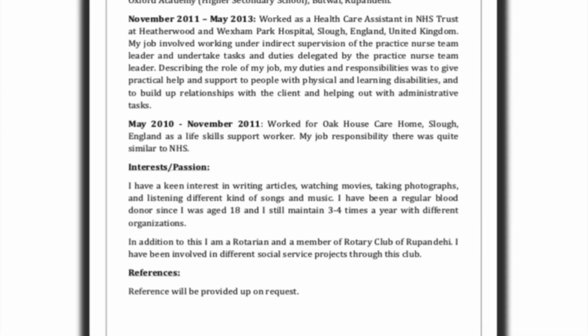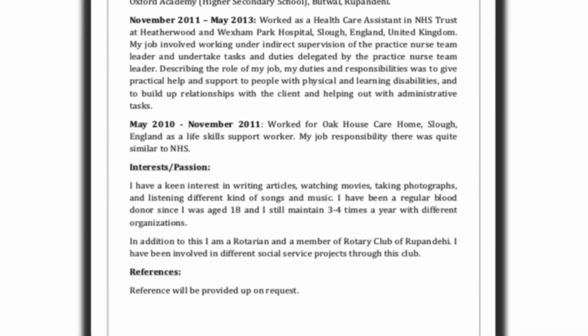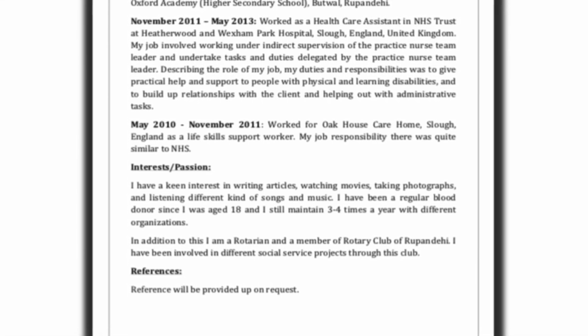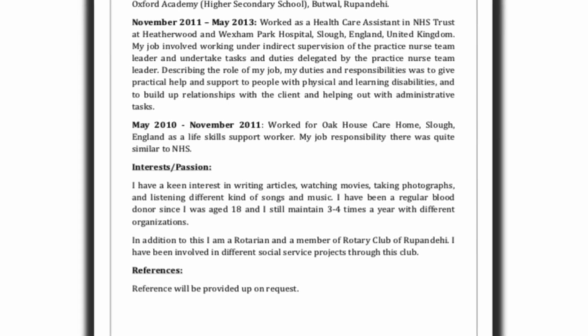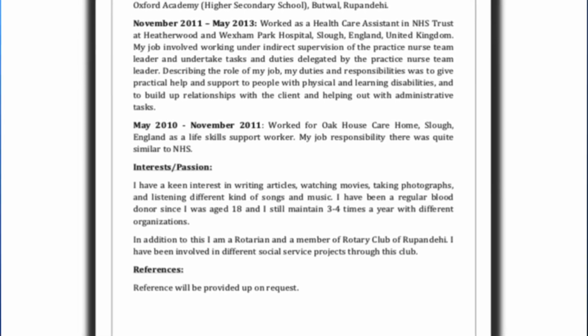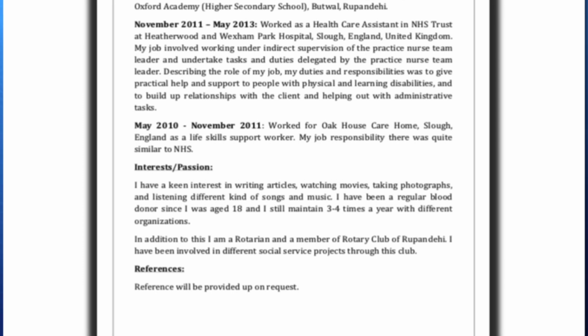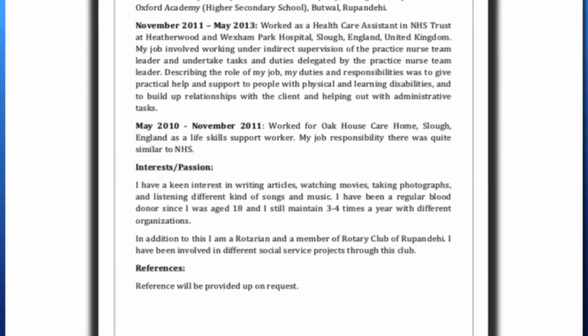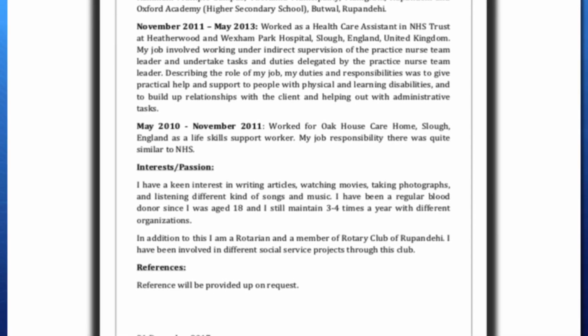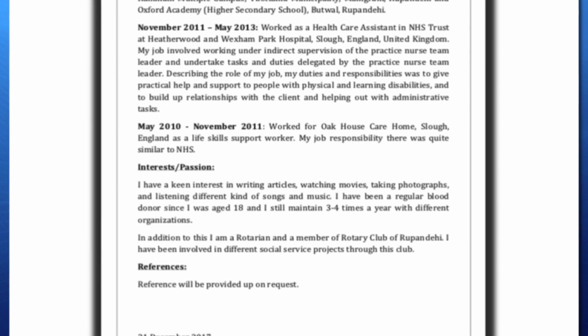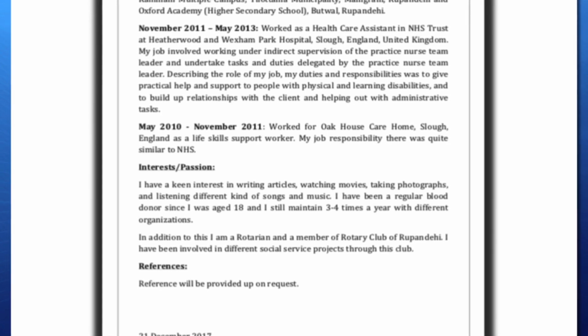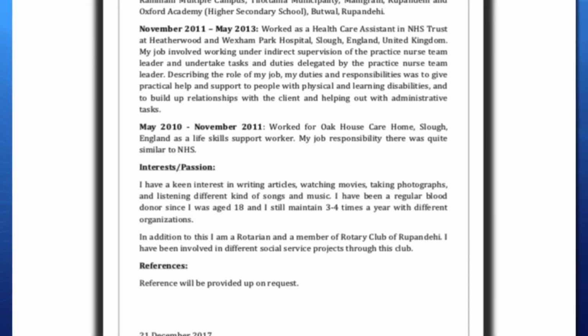Always remember, while designing your CV, you need to include your personal information, your education and experience, as well as your employment history. In personal information, you need to write your name, your address like your city, your state, your zip code, etc. In addition to this, you must be including your phone number and your email address as well.